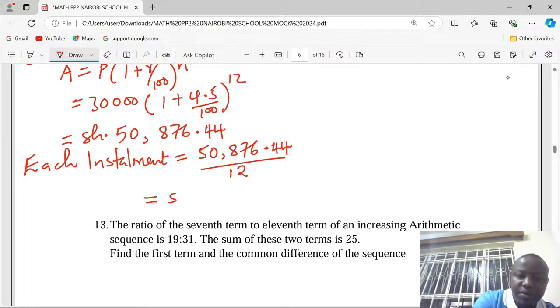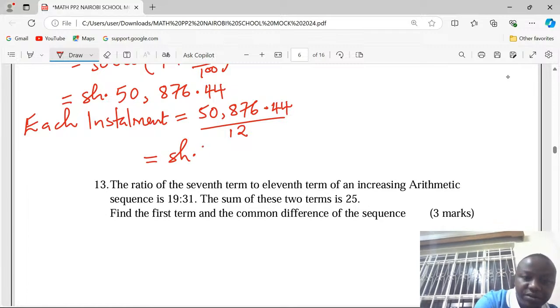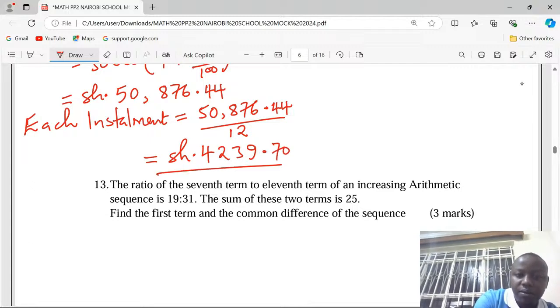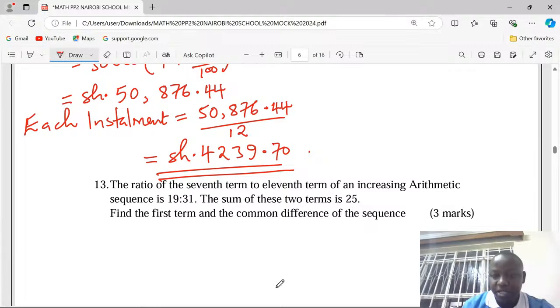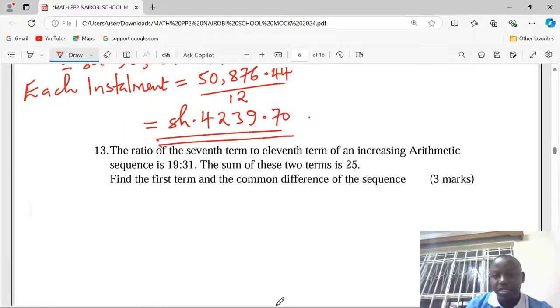This is going to be 4239.70. So this is now the value of each installment.